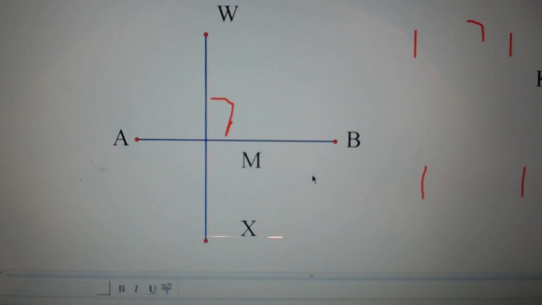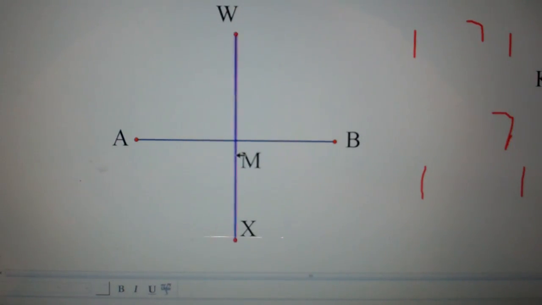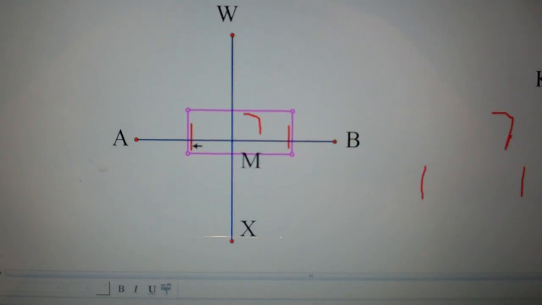It's not cutting the segment AB in half, and so it can be perpendicular without ever being a perpendicular bisector. So let's put that back as a perpendicular bisector, and this was our original drawing. So now we know that WX is a perpendicular bisector.